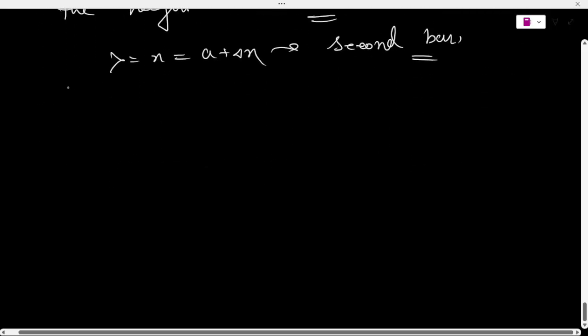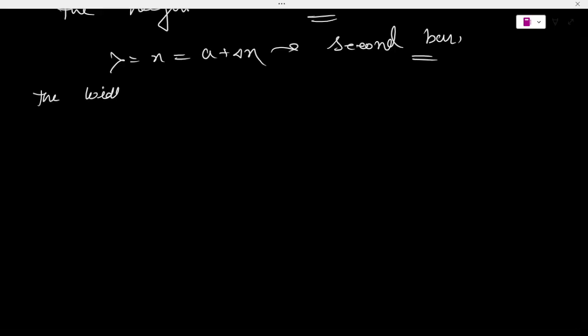And after that, the width of each bar. What will be the width of each bar?